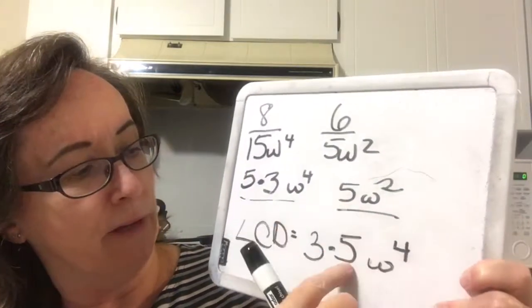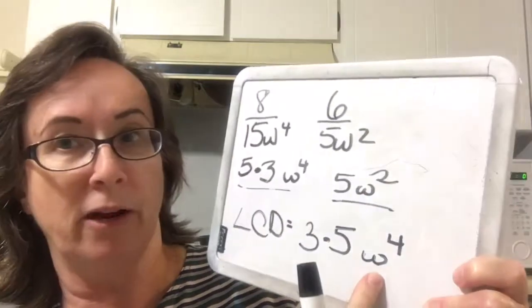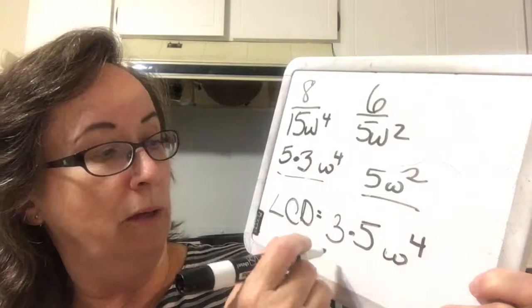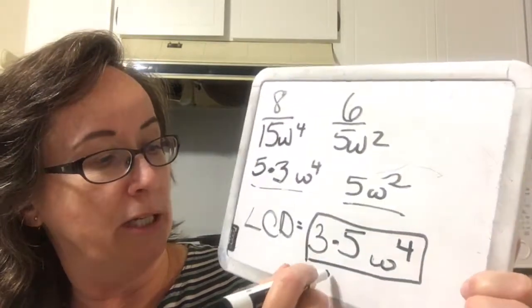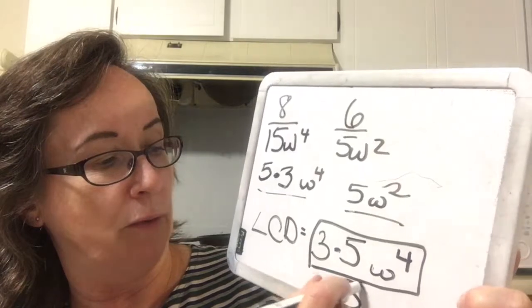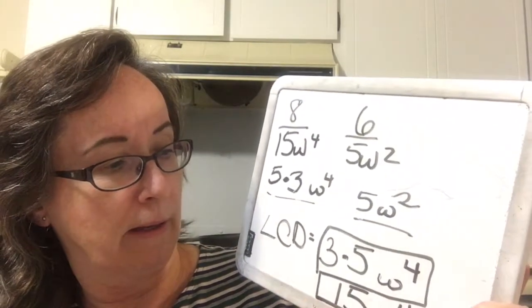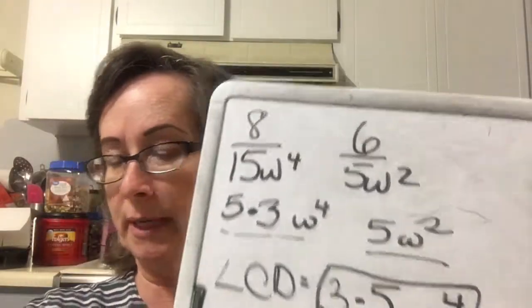Now, 5 goes into the 5 that's already there. They can share, and w squared is inside w to the 4th. So, this is my least common denominator, which is 15w to the 4th. So 15w to the 4th is the smallest denominator, and we're done with that one.